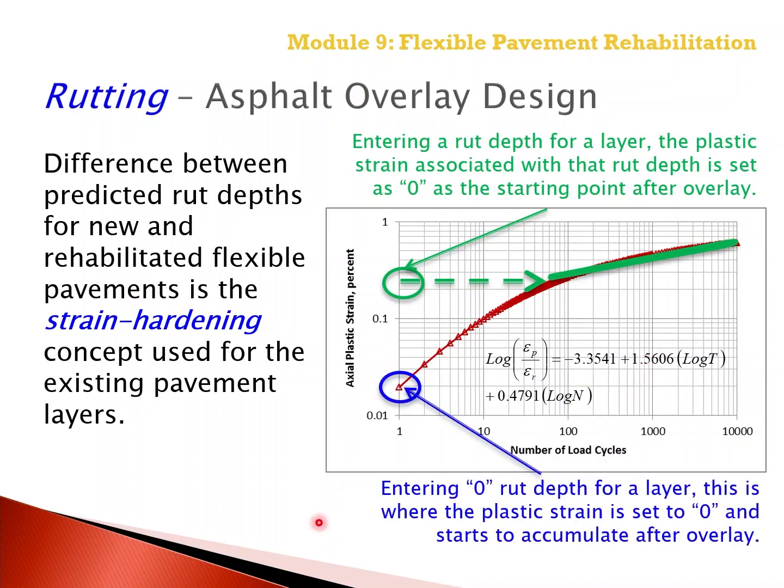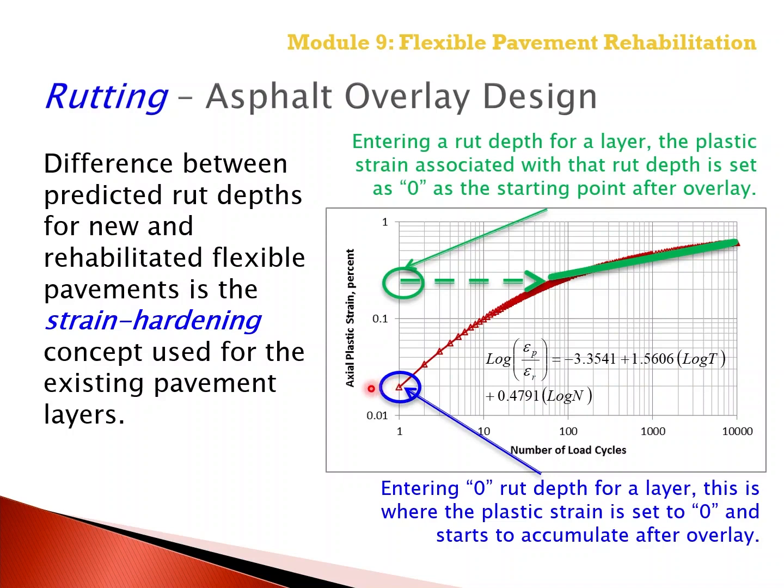So if we entered 0 rut depth for all layers, including the existing layer, this is where the plastic strain would start and is set to 0. And then it would start to accumulate after overlay. And as you can see, we would well over-predict the amount of rutting in the existing asphalt layers.